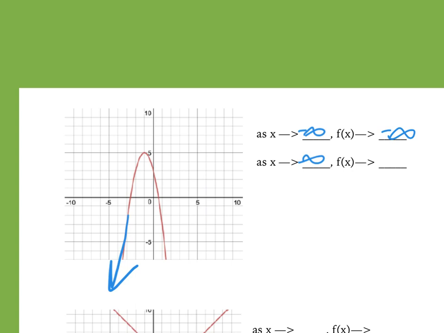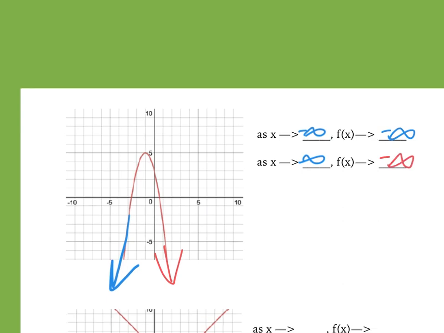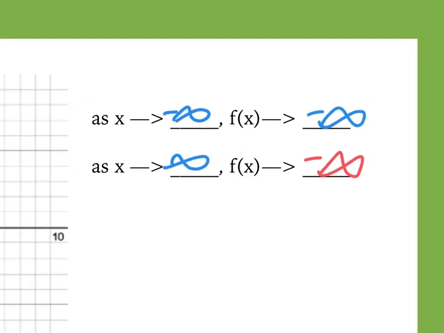Now as I go to the right forever, so as x approaches positive infinity, where is y going? Also down. So we're going to also call that negative infinity. So those should look just like this.